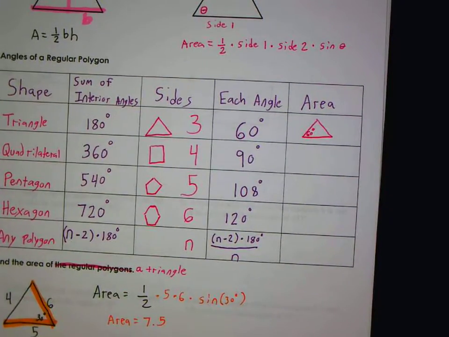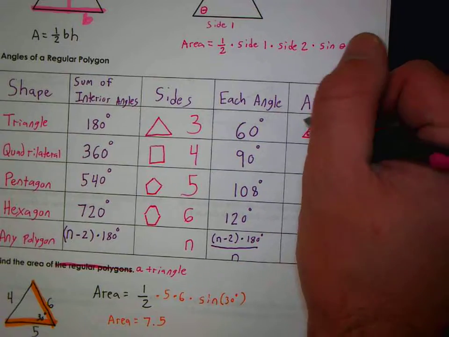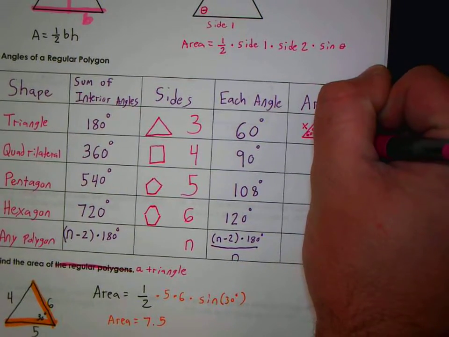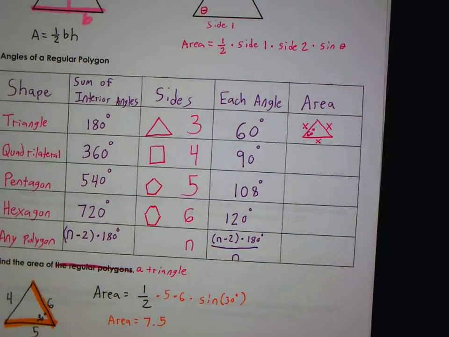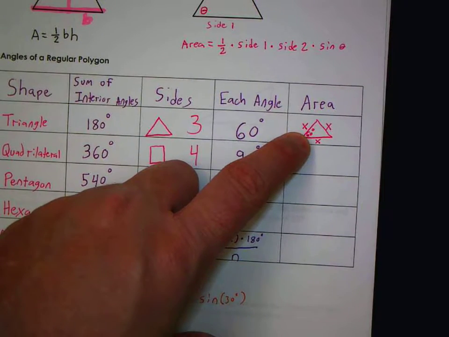And if it's regular, that means these are going to be the same. So this would be x, x, x, whatever x may be. So I would just use the triangle formula where you go 1/2 x times sine of 60. Does that make sense?